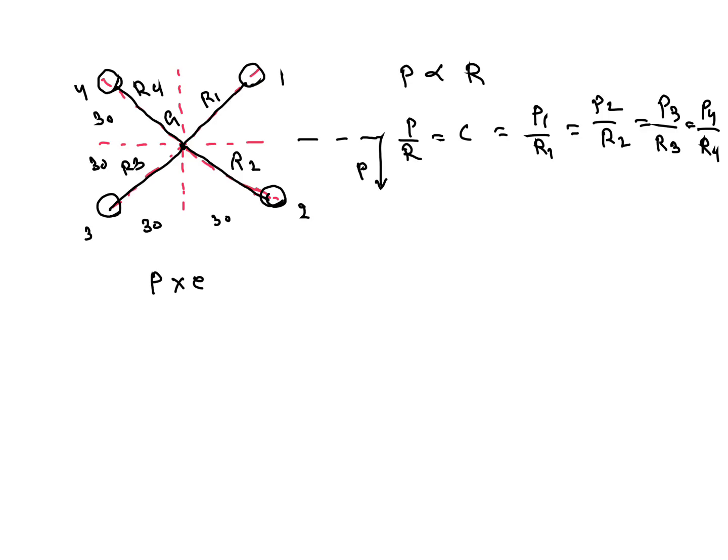P into E equal to P1 into R1 plus P2 into R2 plus P3 into R3 plus P4 into R4.